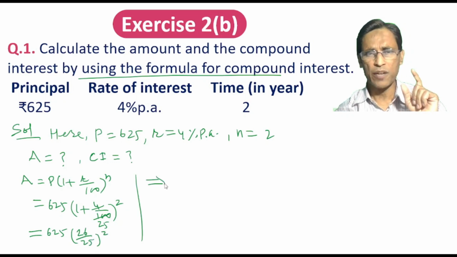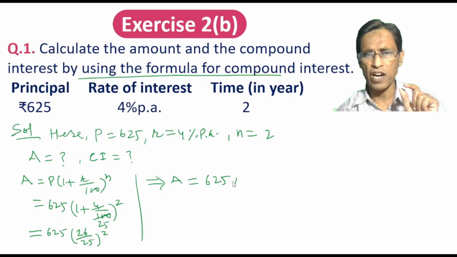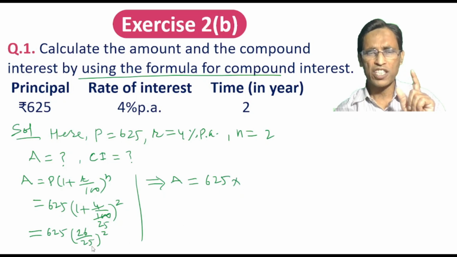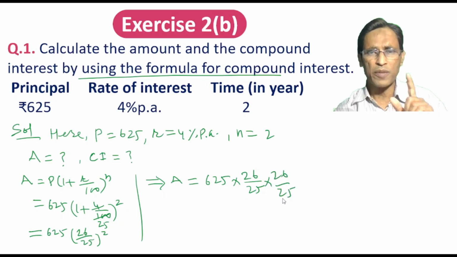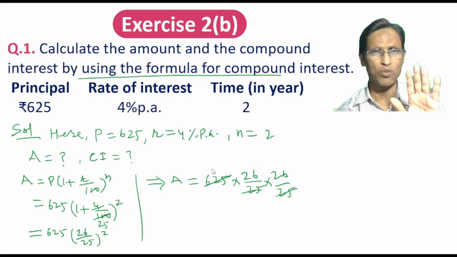In the next step we have A equal to 625 into 26 by 25 to the whole square, which can be expressed as 26 by 25 into 26 by 25. 25 into 25 comes 625, and so this 625 is completely divisible by 25 into 25, that means 625, in one time. One is understood, it is not mentioned.